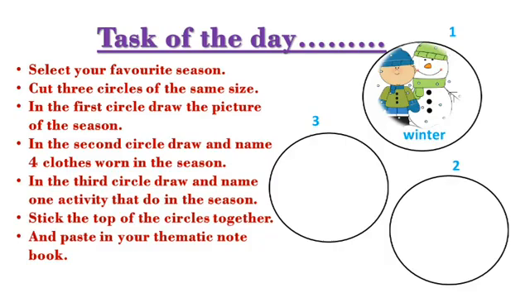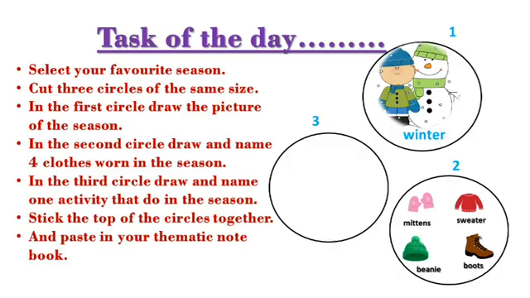Now as I have taken winter, I will be using here the pictures of the clothes of winter. Okay, and in the third circle you have to draw and name one activity that you do in the season that you have selected.